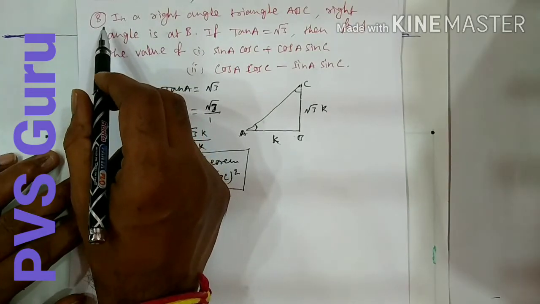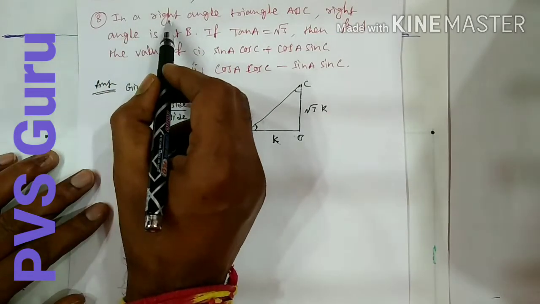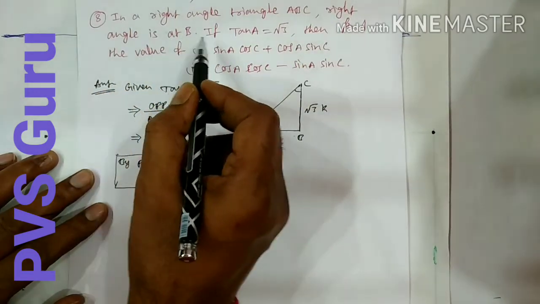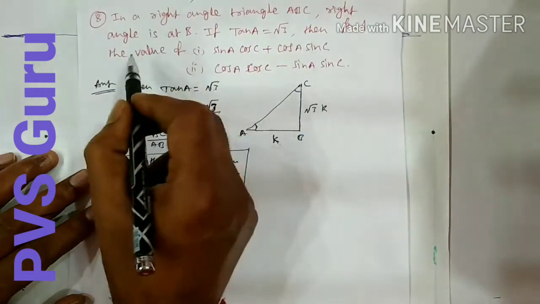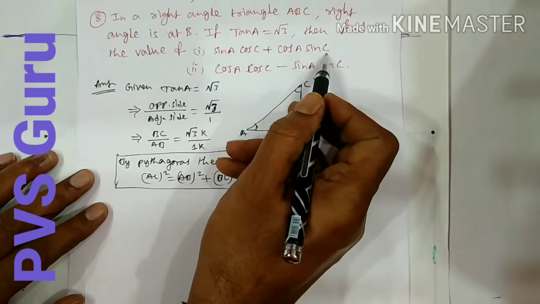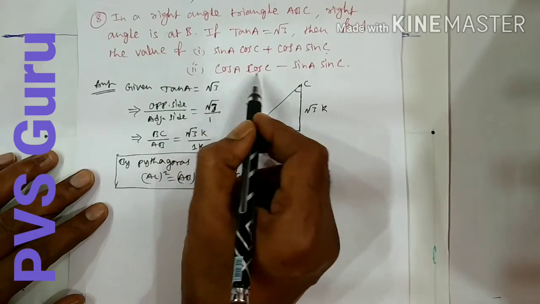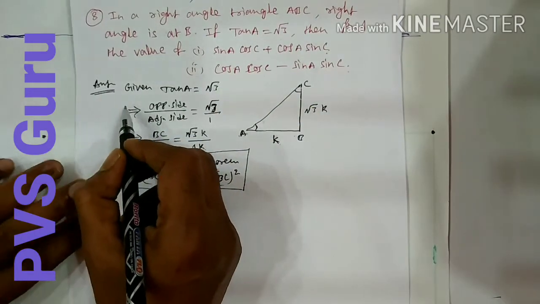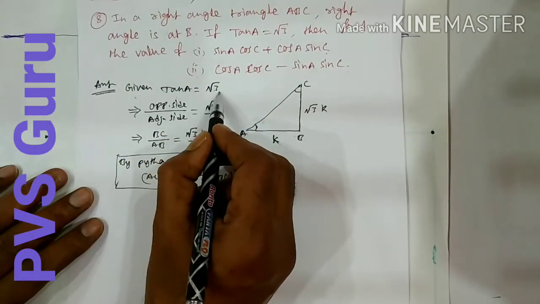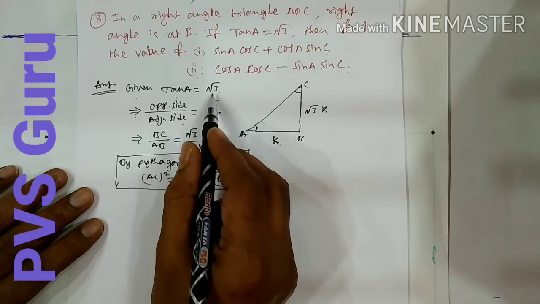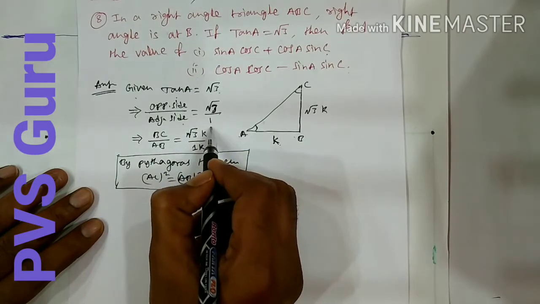Last question in this exercise, question number 8. In a right angle triangle ABC, right angle is at B. If tan A is equal to root 3, find the value of the first bit, sin A cos C plus cos A sin C, and the second bit, cos A cos C minus sin A sin C. Tan A is opposite side by adjacent side, so take root 3 by 1.